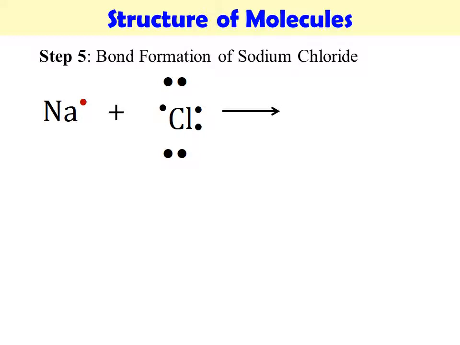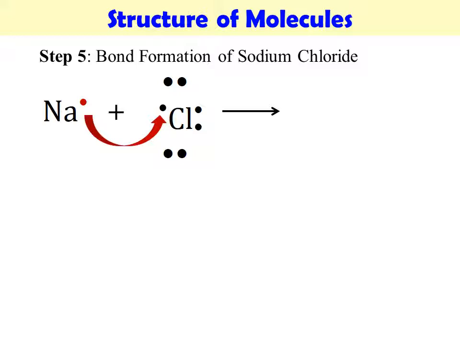So what happens? You can see that this electron, the electron from sodium, gets transferred. For that reason that arrow has been shown, it gets transferred from the sodium atom to the chlorine atom, and with that the bond formation takes place.